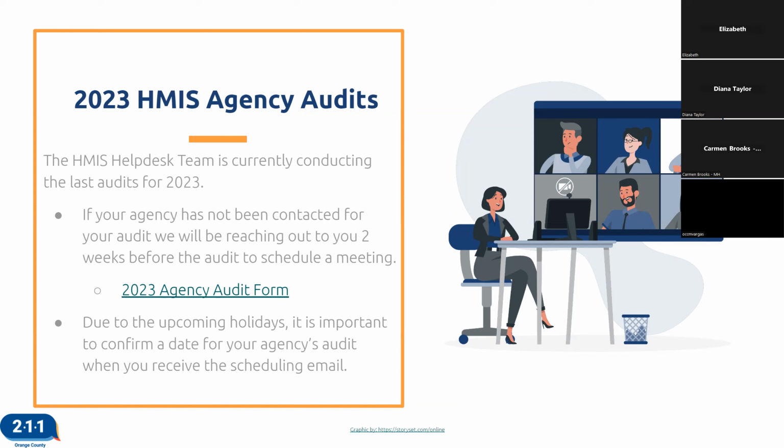If your agency has not been contacted for an audit yet, you will be receiving a scheduling email or ticket from us, and it does contain your agency audit form. With November and December, the upcoming holidays, it's important to confirm a date for your agency's audit when you receive a scheduling email so that we can work around your schedule and make sure that your agency has its audit before the deadline.